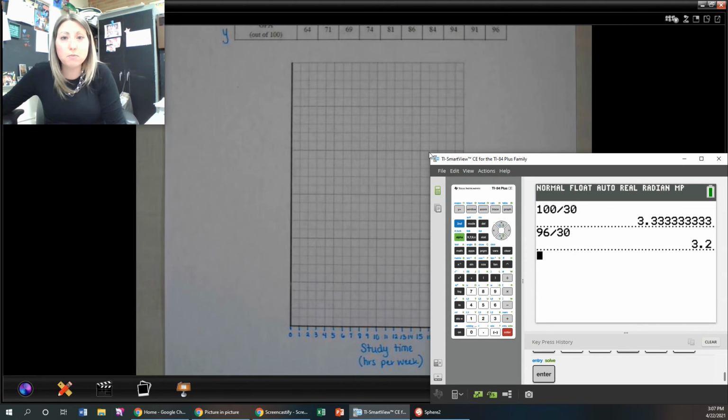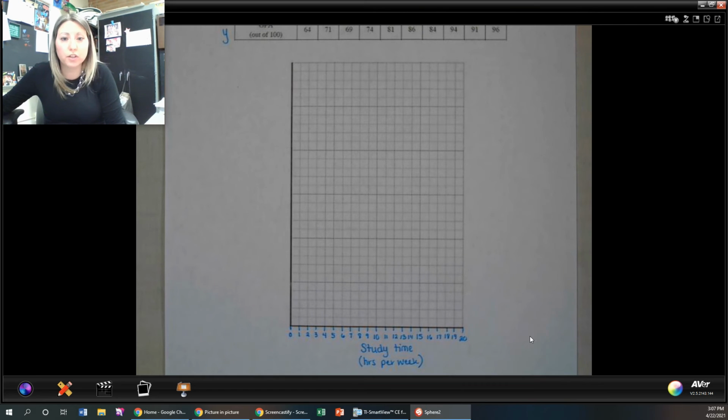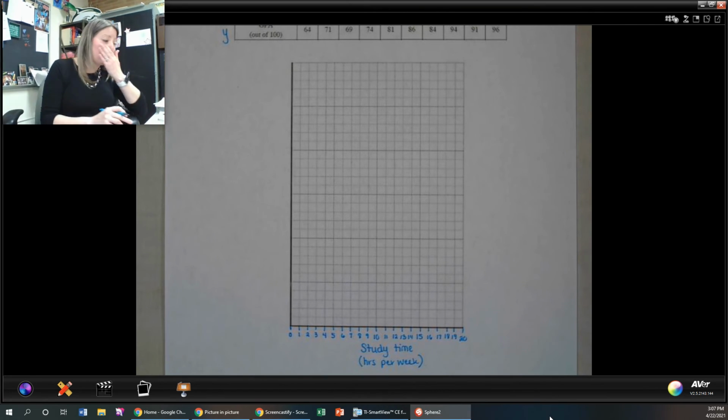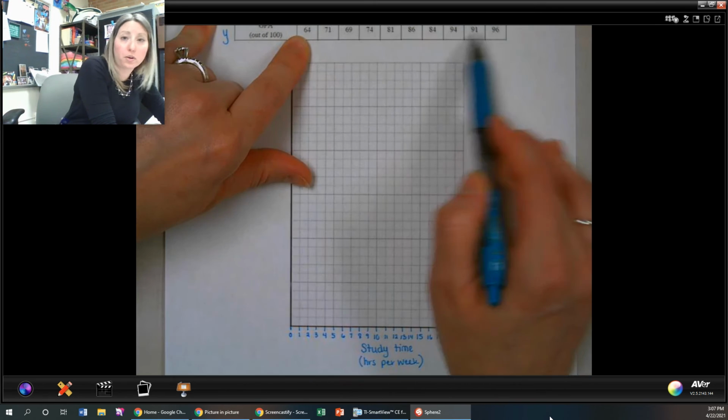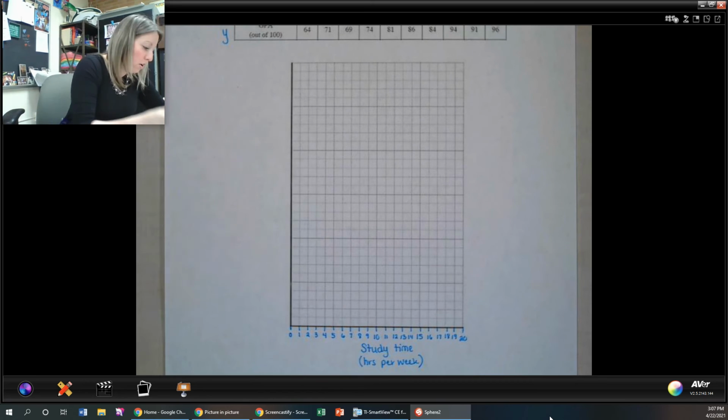And this time it makes a little bit of sense to really spread it out and go by the fours. It makes a little bit more sense to do that this time because we don't have everything ending in 0 and 5. So I'm going to spread this out a little bit more.